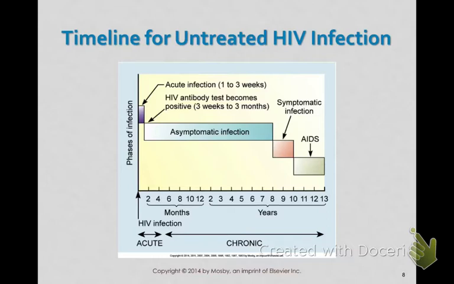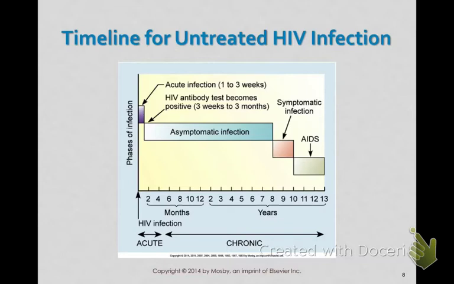Their clinical symptoms may be limited, and even without symptoms, the HIV replication occurs at a rapid and constant rate. And this can last a few weeks. You see, it's that little purple 1 to 3 weeks.